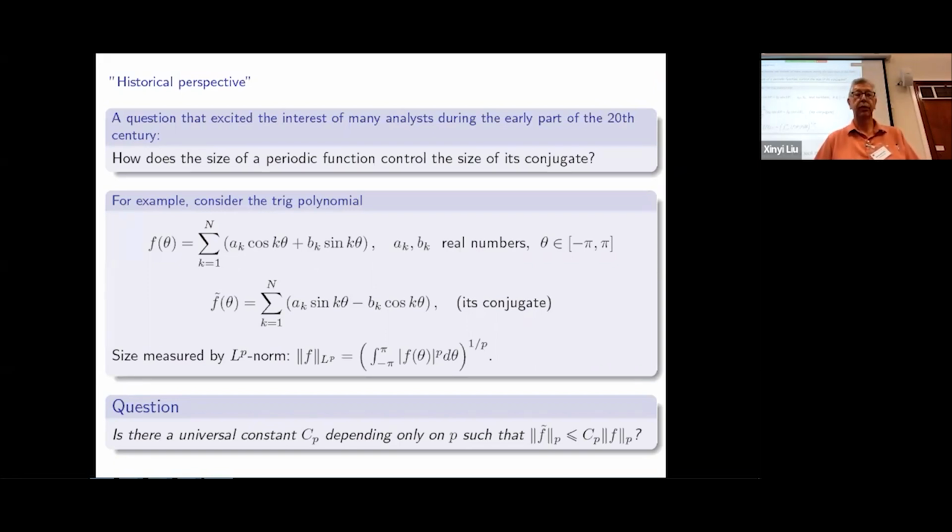Very simply stated, if you take a trigonometric polynomial and you take its conjugate, the conjugate is obtained as follows: you think of the function as a function on the unit circle, take the harmonic extension to the disk, then take the conjugate harmonic extension, and take the boundary values of that. That produces the so-called conjugate function. The question was, if one is in L^p, is the other also in L^p? The size of these functions is measured by the p norm.